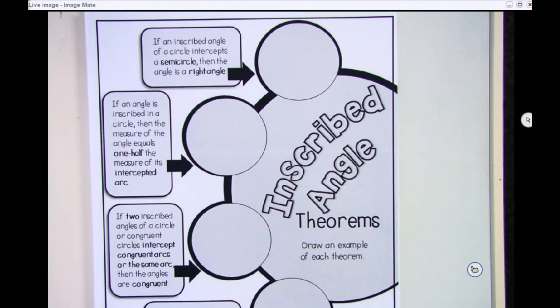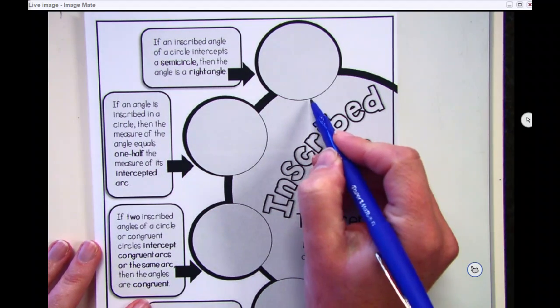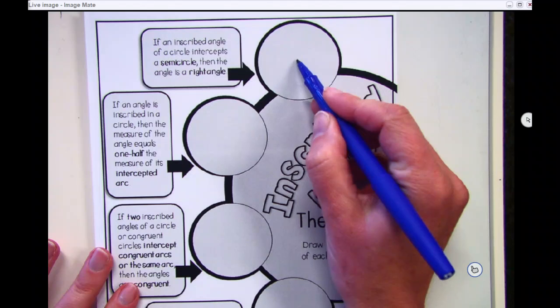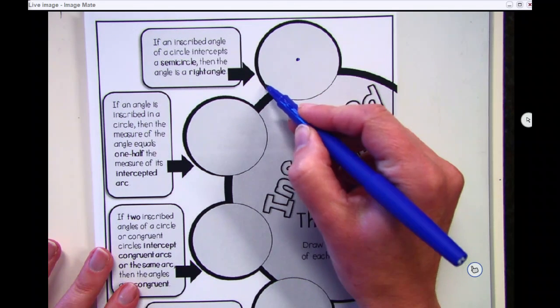So let's remember, what is an inscribed angle? Where does the vertex sit? It sits on the side, right? So the first thing I want you to do is draw what looks like a diameter. Do your best.